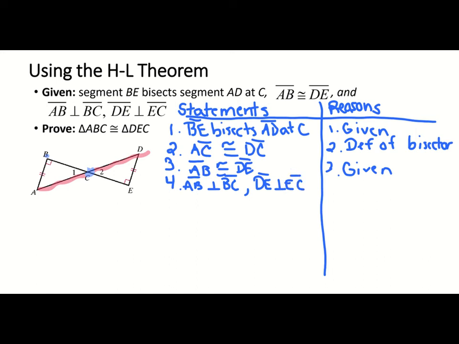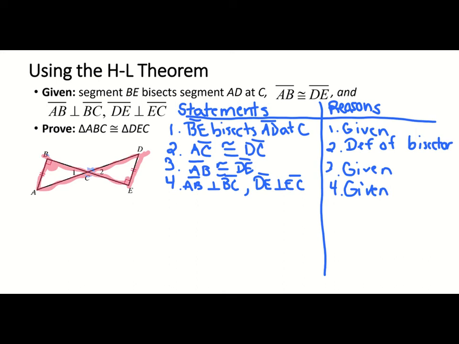And I want you to think, when you have perpendicular lines, what do they form? You should say, if you have perpendicular lines, they form right angles. And because we know that AB is perpendicular to BC, there's my first right angle, and DE is perpendicular to EC, there's my second right angle.